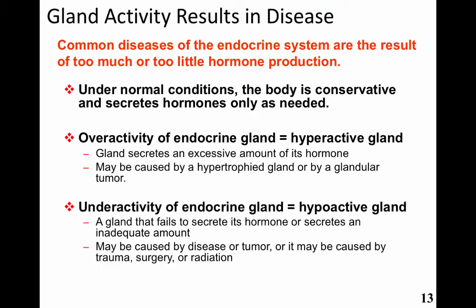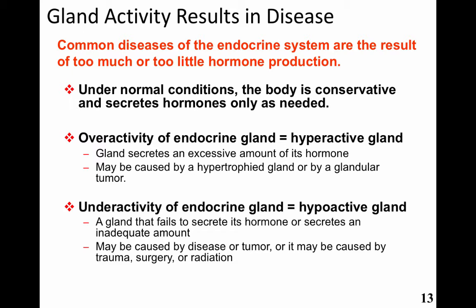So let's talk about when gland activity results in diseases, right? This can come from either producing too much, which is hyperactive glands. If your endocrine gland is overstimulated, it may secrete an excess amount of hormone.